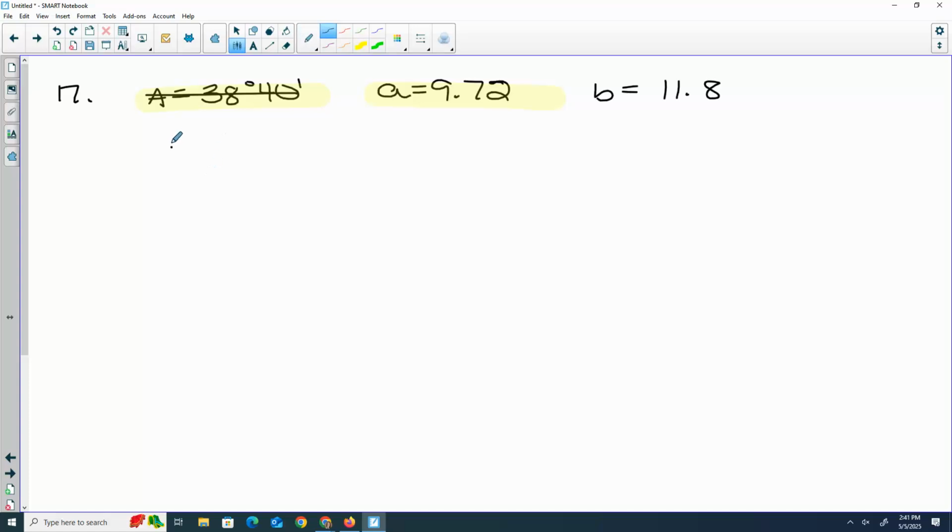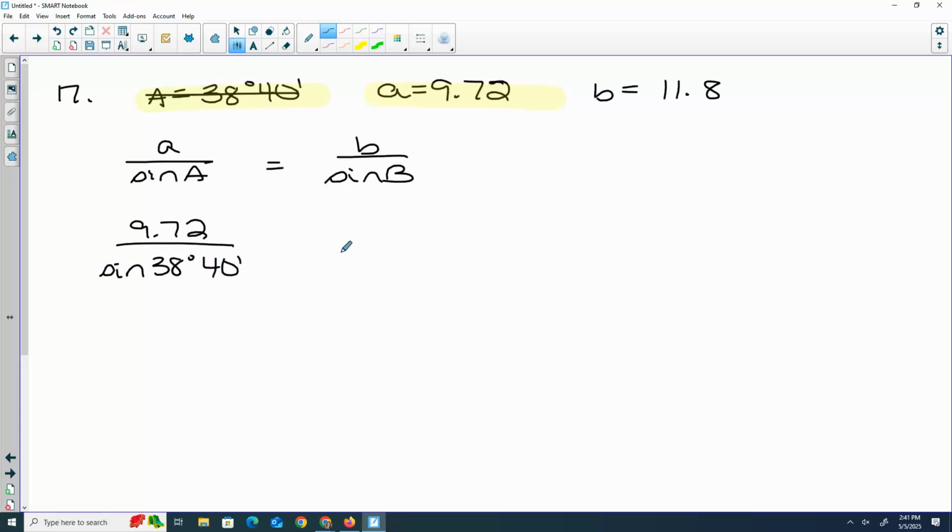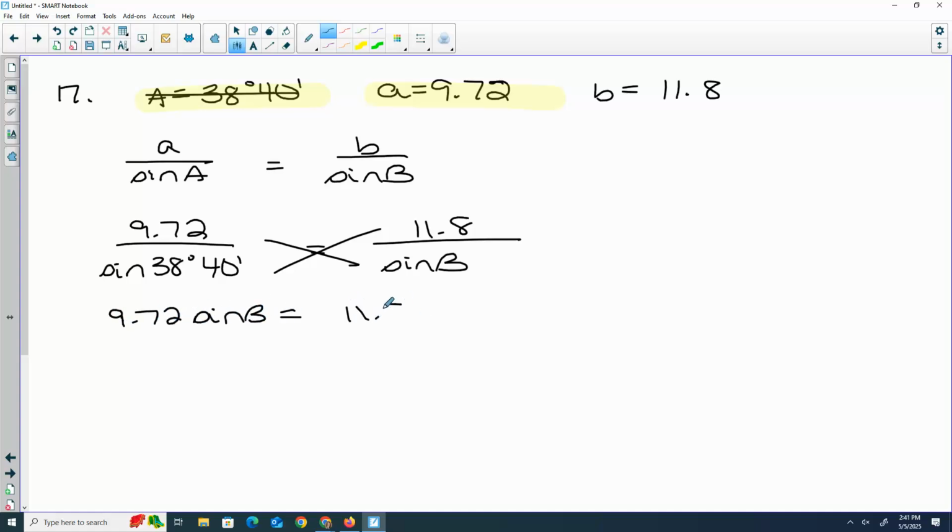So we have information about A and B, so that's the ratio we pick: A over sine A equals B over sine B. So side A, 9.72, over the sine of 38 degrees, 40 minutes, equals side B, 11.8, over sine B. If we cross multiply, then we have to divide the 9.72 over.